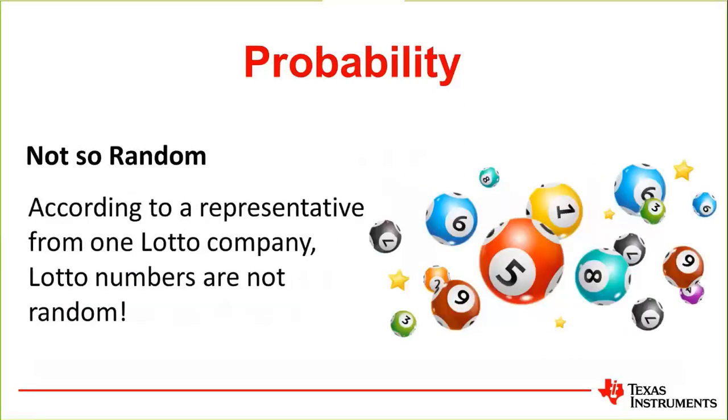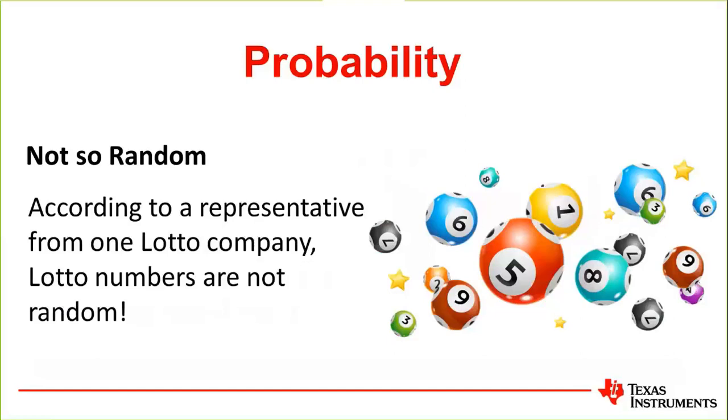Another one to look at is a news article. This one came up on the news only 2 weeks ago. There was a representative on the news from a lotto company talking about this multi-million lotto draw that was coming up. And to give you some idea, the advice that was given to the punters out there, if you like, is here's a list of all the numbers that have occurred most frequently. So we'll call those our lucky numbers. So if you want to increase your chances of winning, you should choose one of them.